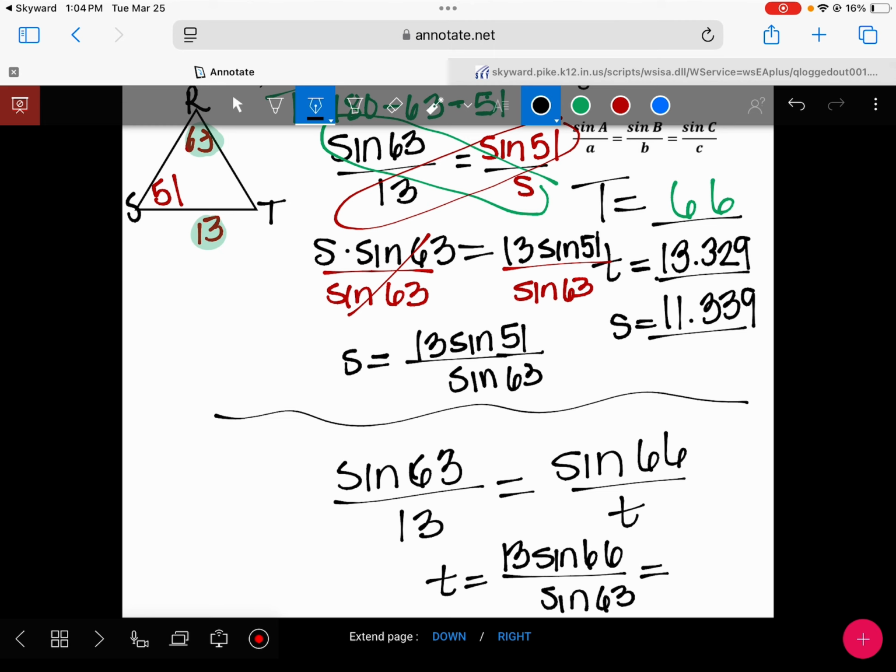And you should get 13.329. Any questions about that? Yes, Lyric. I didn't show my work, but you would cross multiply just like we did in this example, and then you end up dividing by the sine of 63.